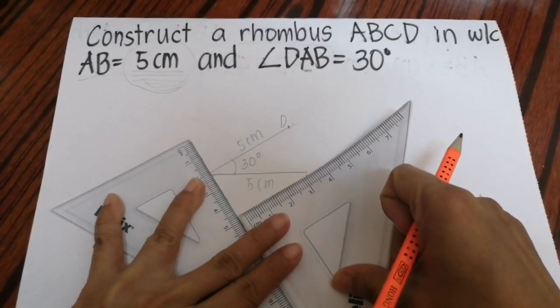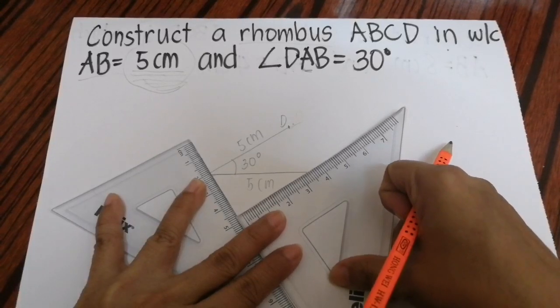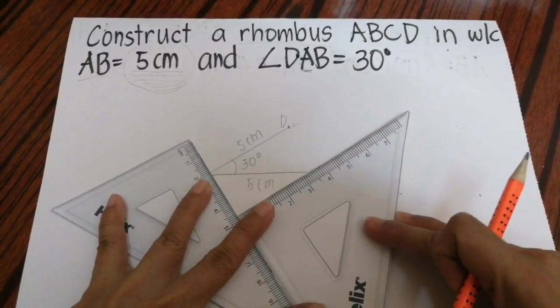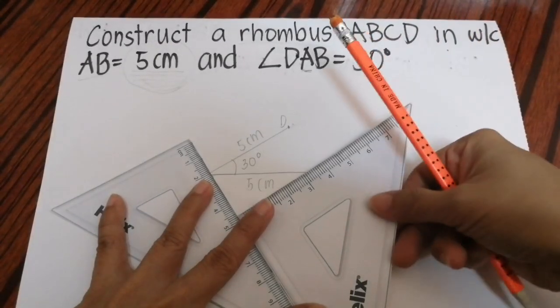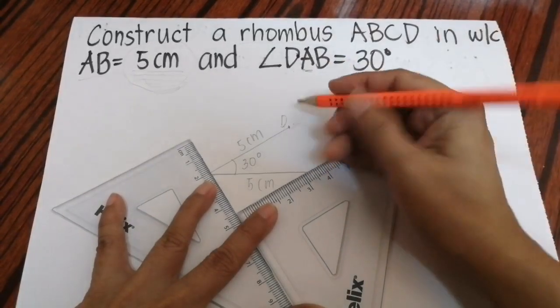If you need to adjust it, it's okay. Okay, it's right here. We'll be adjusting it. You keep adjusting, but make sure that the set squares are not overlapping.